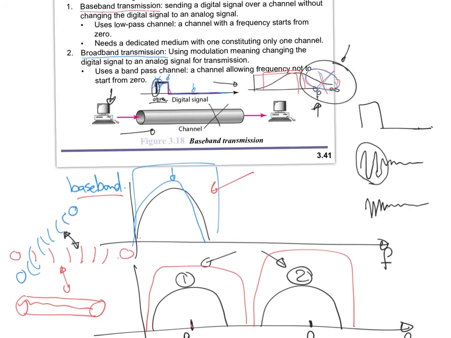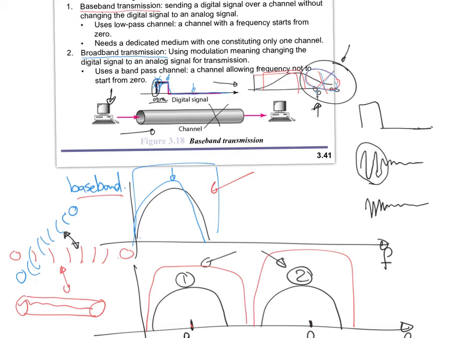It works just like the radio. All types of radio communication use broadband transmission, where different radio channels are transferred over different frequency bands. For example, FM uses channels in the range of 108 megahertz.